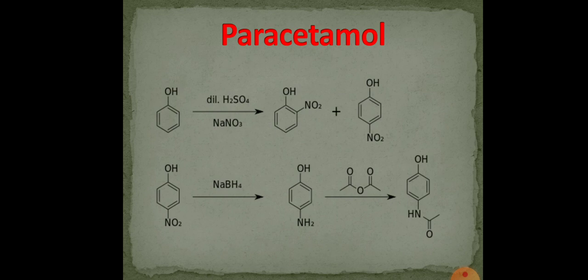Then in second step, these isomers are separated by steam distillation in which 4-nitrophenol is distilled first, and in the last step this 4-nitrophenol is reduced into 4-aminophenol by the help of sodium borohydride, and then it is further converted into paracetamol by acylation. This acylation is carried out by the acetic anhydride as we seen in the reactions.